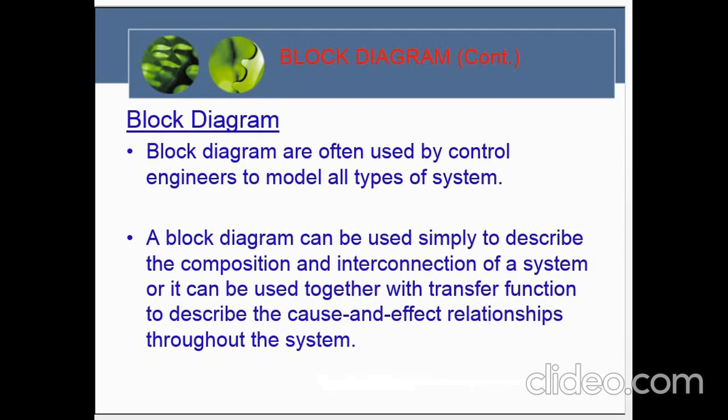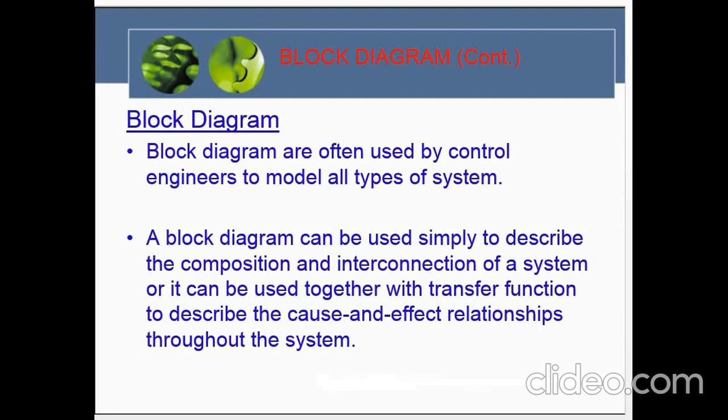Block diagrams are often used by control engineers to model all types of systems, because they can show the components of the system, and it is easy to show the correlation with each other.